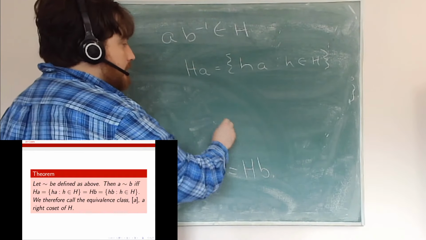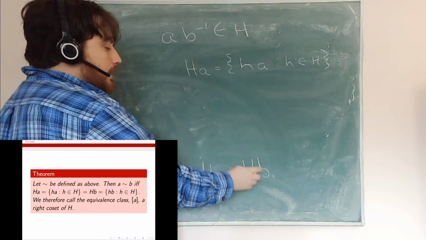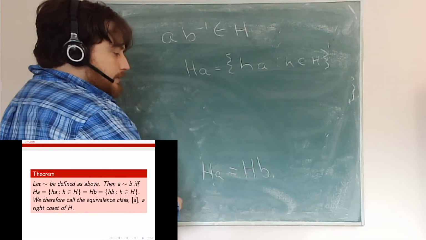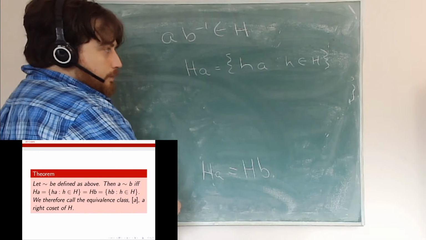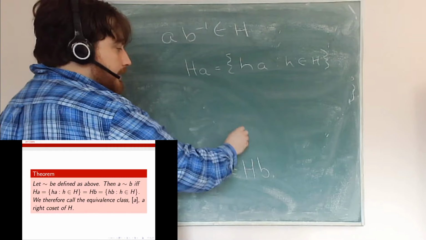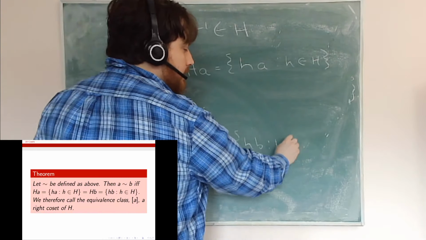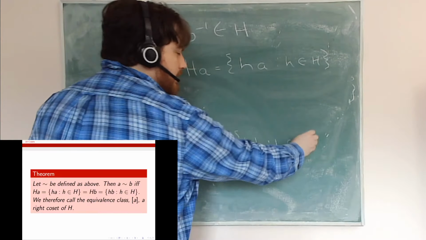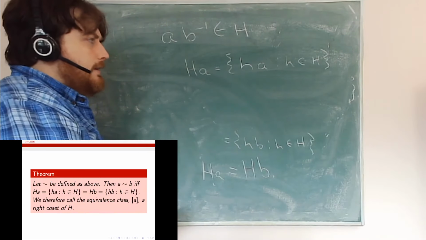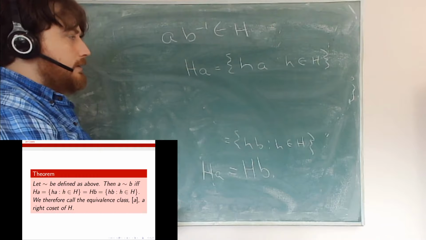All right. Now, what I want to do is show that this is equal to HB. So somehow I have to get that this is equal to the set of all h times B such that h is in H. So how am I going to do that?